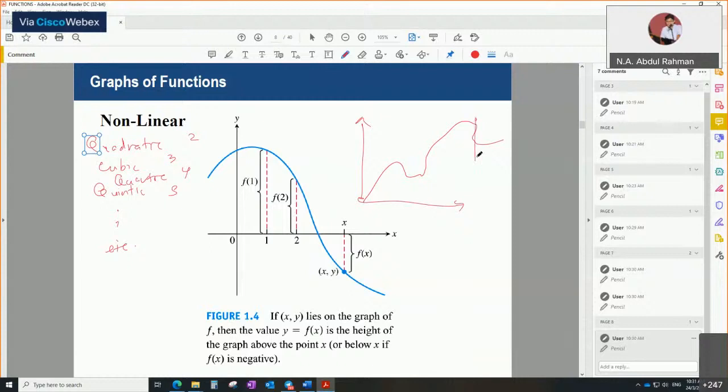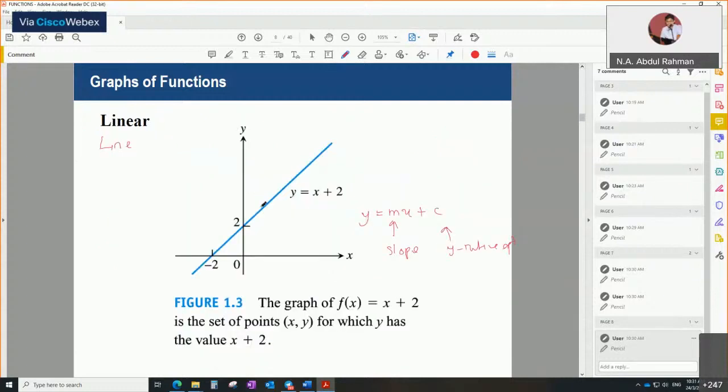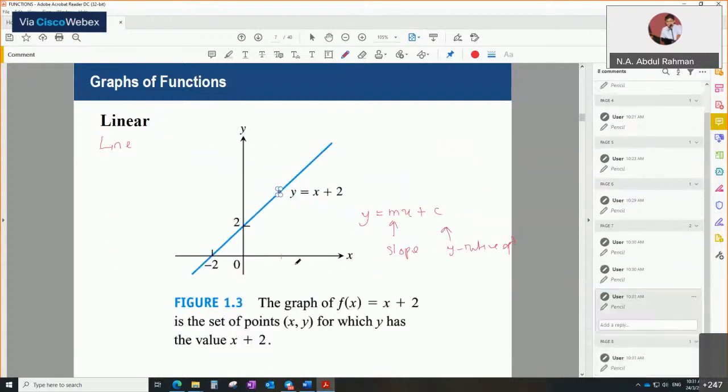This one, of course, is not, because we have two values for a single value of x. You need to be a little bit curved there. So it says here, if (x, y) lies on the graph of f, then the value y equal to f(x) is the height of the graph above the point x. The same with a linear function, we also have the concept of height here. It's the same thing.